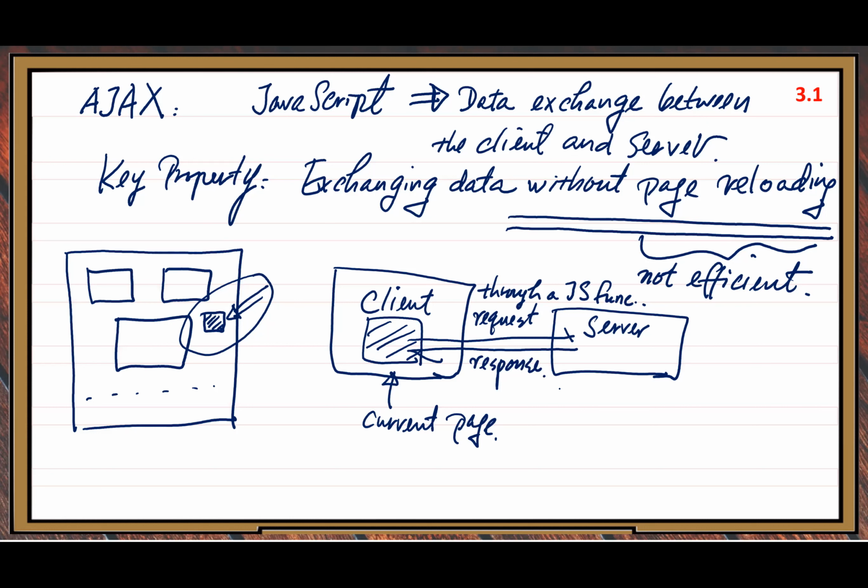This kind of communication uses a special object. This object is important. We will see the object, XMLHttpRequest, that name.